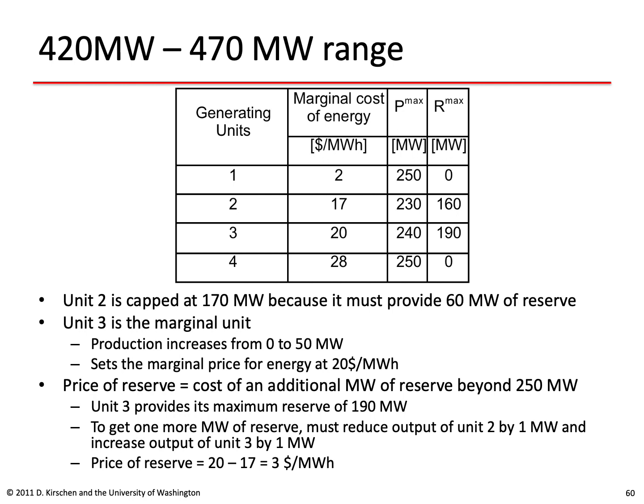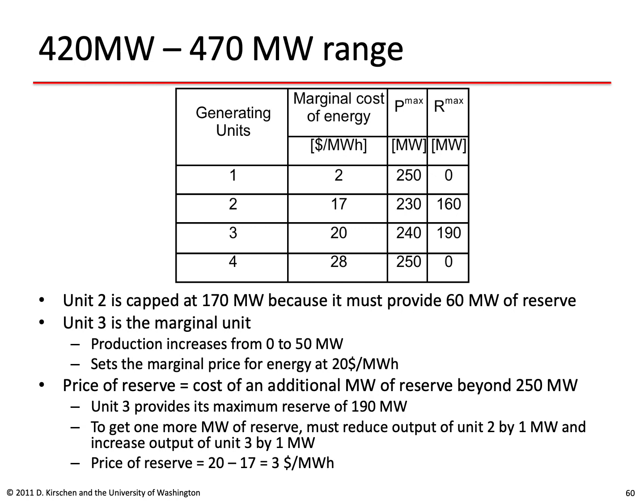Well, because we assume a perfectly competitive market, the price of reserve is going to be the marginal cost of an additional megawatt of reserve beyond the 250 megawatts that we normally require. But in this case, unit 3 is already providing its maximum reserve of 190 megawatts. That's the maximum reserve that it can provide because of ramp rate limitation. So to get one more megawatt of reserve, we would have to provide it from unit 2.